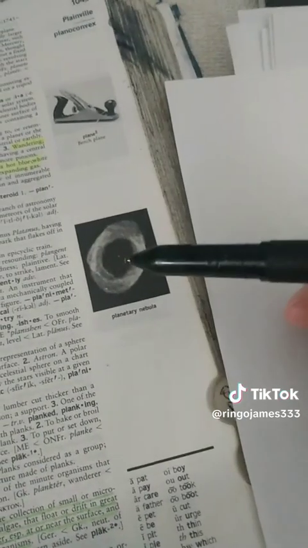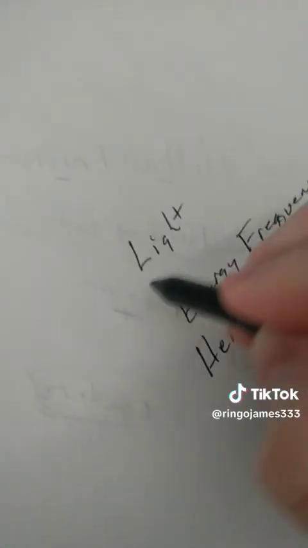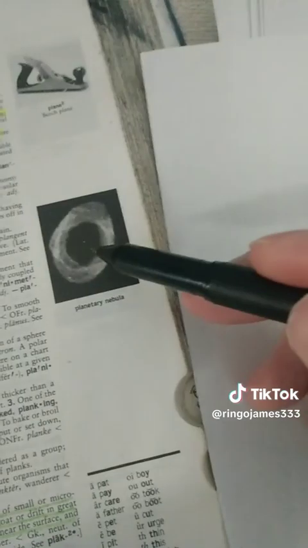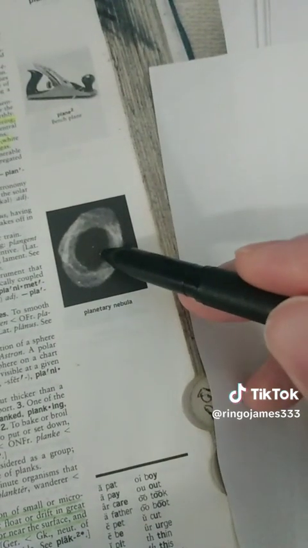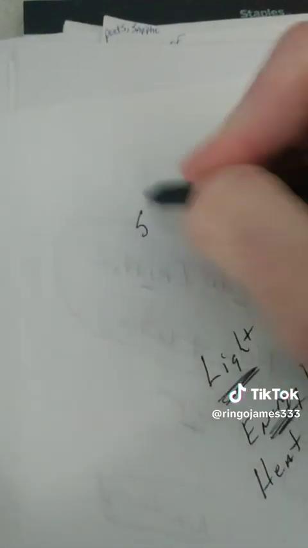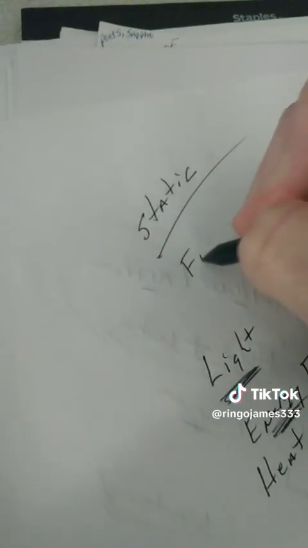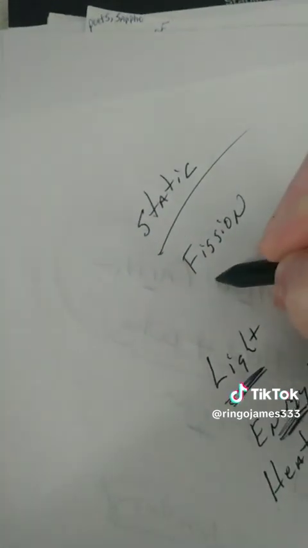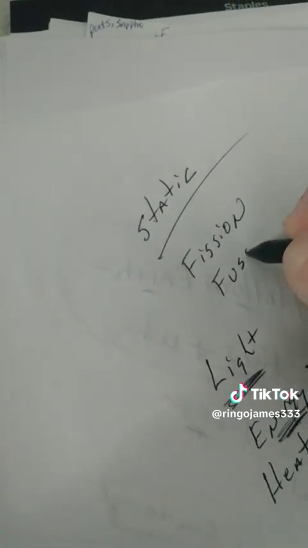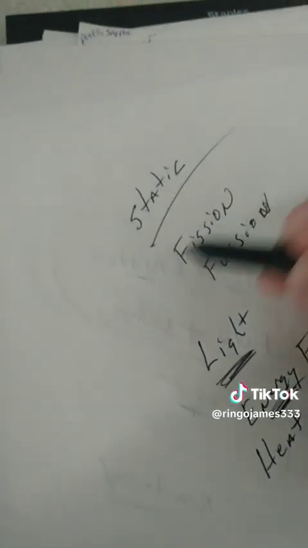So after this light was created, there became a chain reaction of this. Static. How? Because fission and fusion were created. Whenever things started shifting, it created fission and fusion.